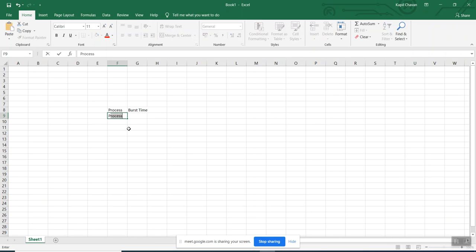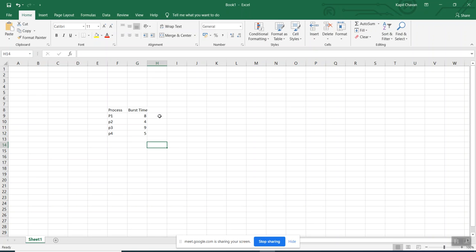Here the total number of processes is 4: P1, P2, P3 and P4. The burst times required are 8, 4, 9 and 5.